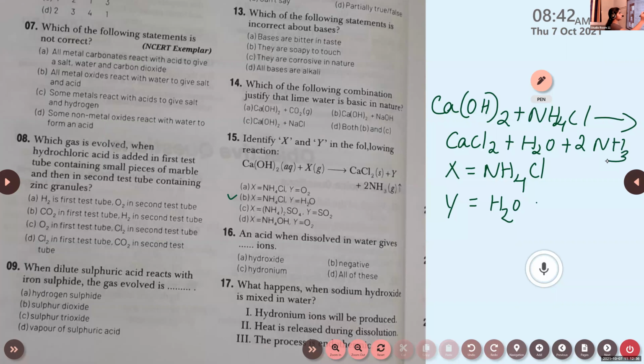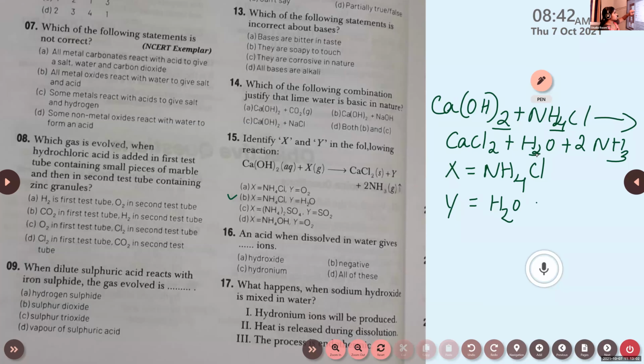Look at the number of hydrogen atoms. Here 2 hydrogen atoms, here 4, so total 6 hydrogen atoms on the reactant side. Then look at the number of hydrogen atoms on the product side. Here 2, here 2 into 3, 6, 6 plus 2, 8, right? So how can we balance this?